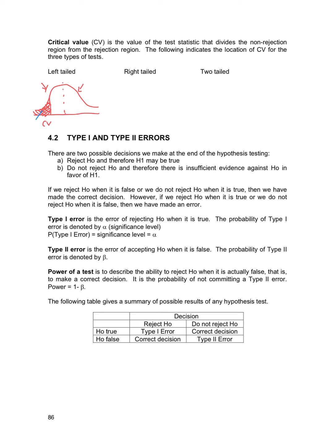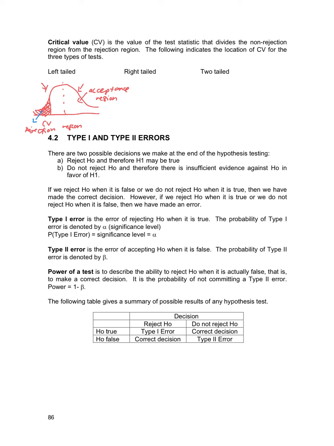This is called the rejection region. This one is the acceptance region. That is for left tail.